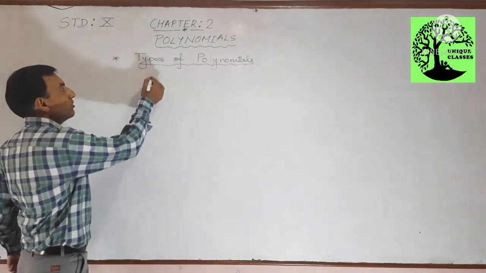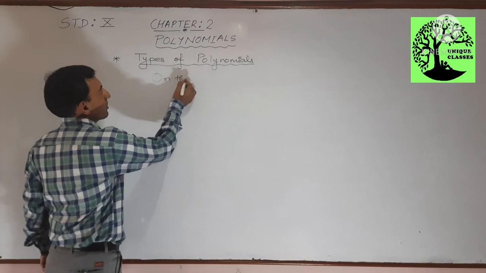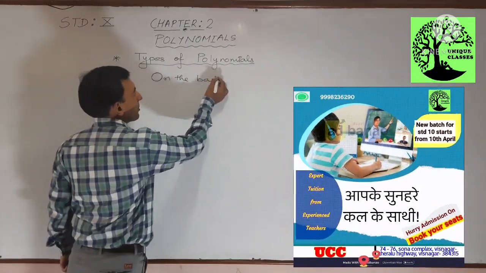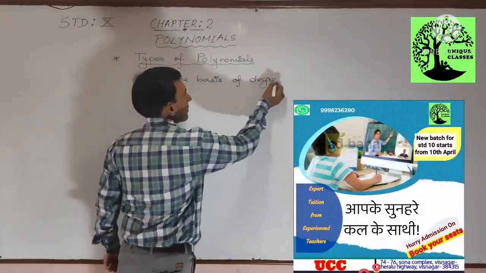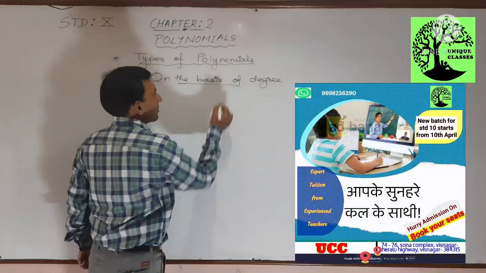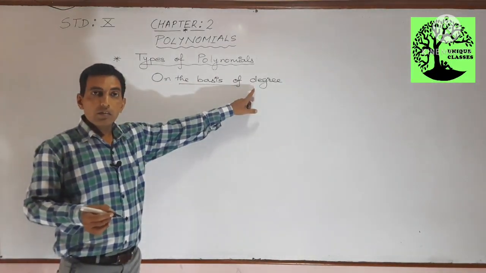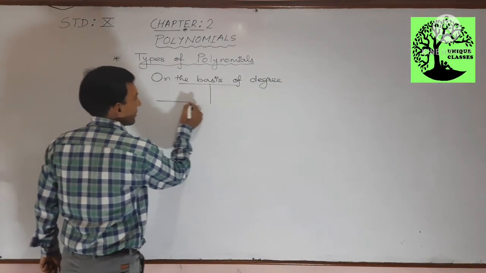On the basis of degree, selecting this criteria, that is degree, we can classify the polynomials in 3 types, student.